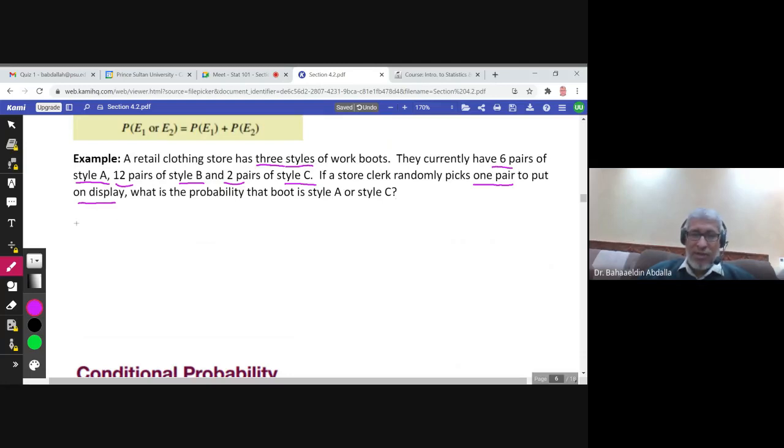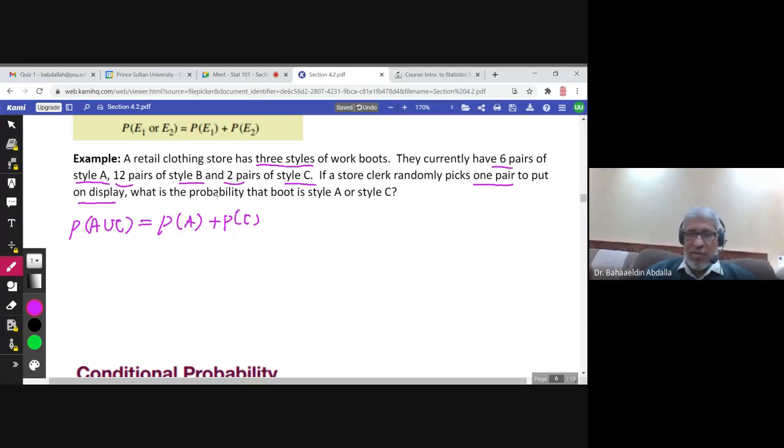So let me say that we need to find the probability of A union C. Probability of A union C would be probability of A plus probability of C minus probability of the intersection. But here, one boot cannot have two styles.